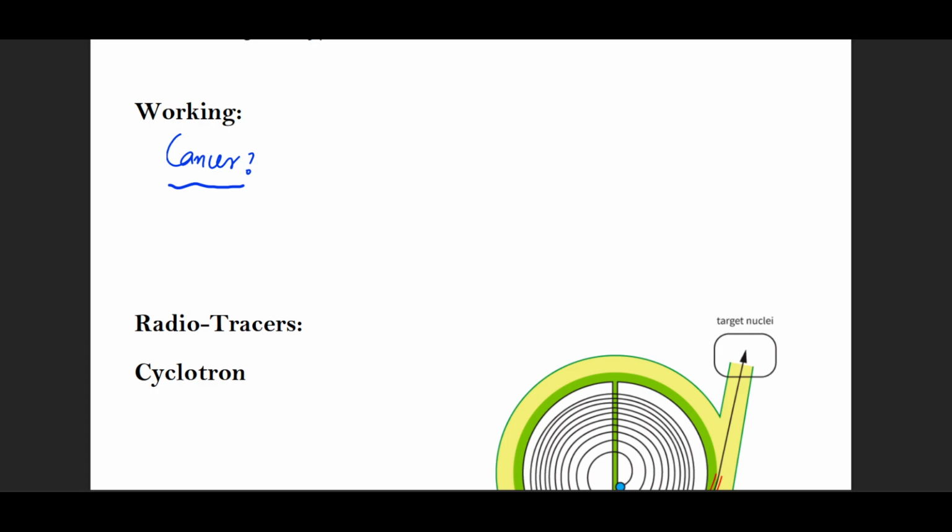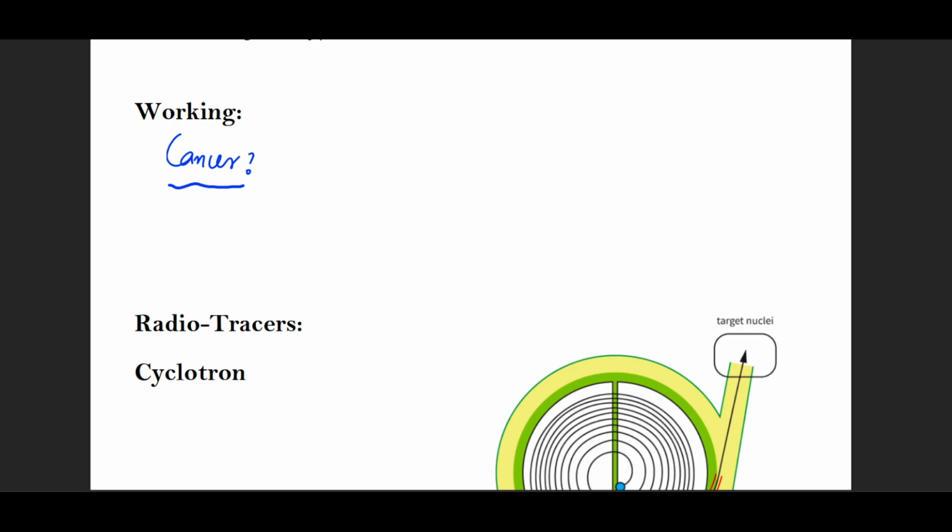As a result, this radioactive glucose molecule is absorbed by those highly active cancer cells, and they show up at a higher activity than the rest of the cells present in that area, generally leading to the identification of where the tumor is.